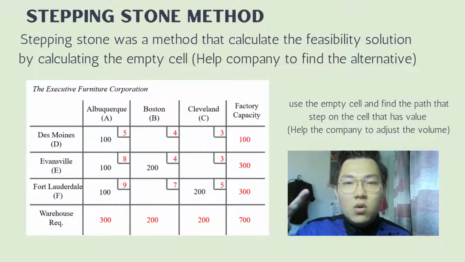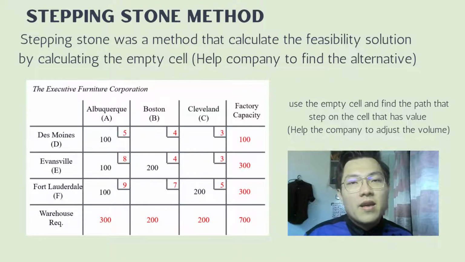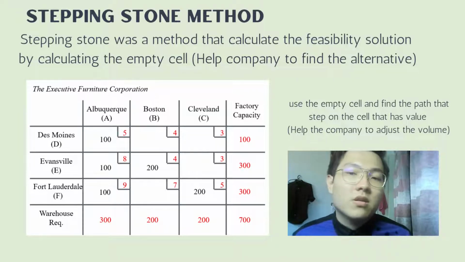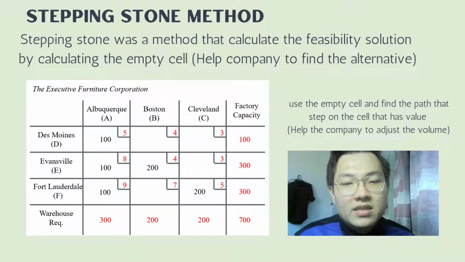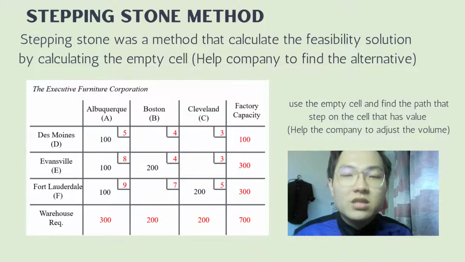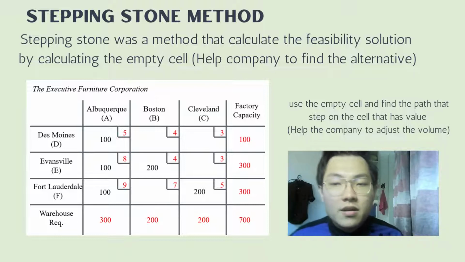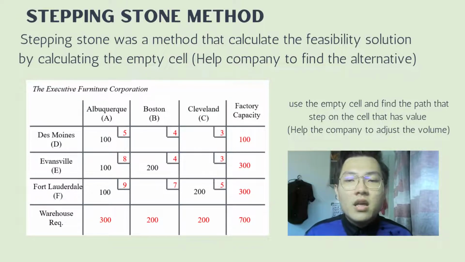So this is one perfect cycle of the stepping stone method to calculate whether BD is a feasible solution or not. From here we need to do the calculations.